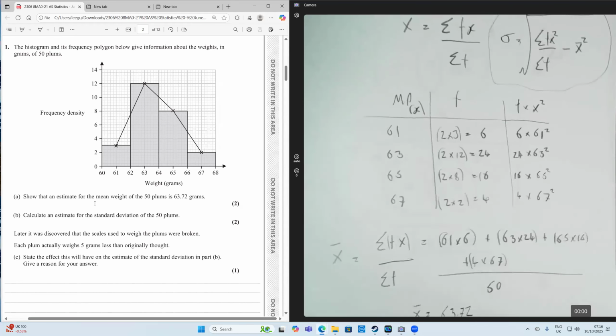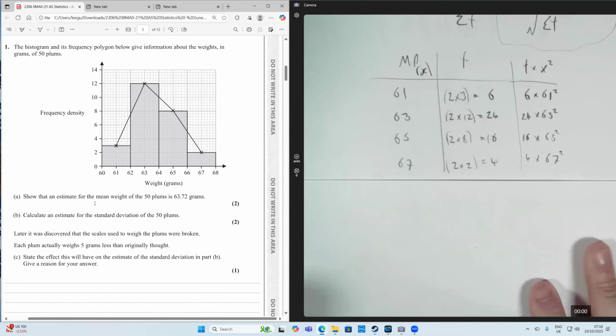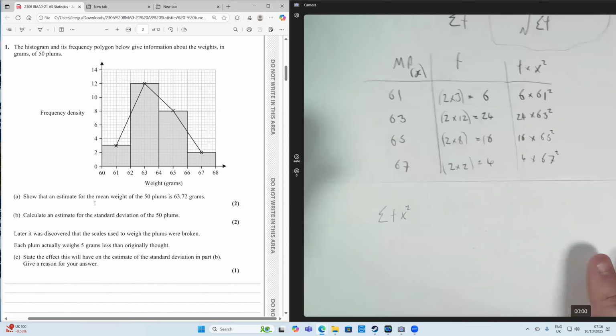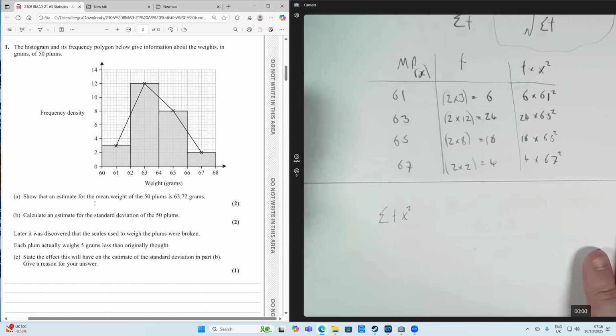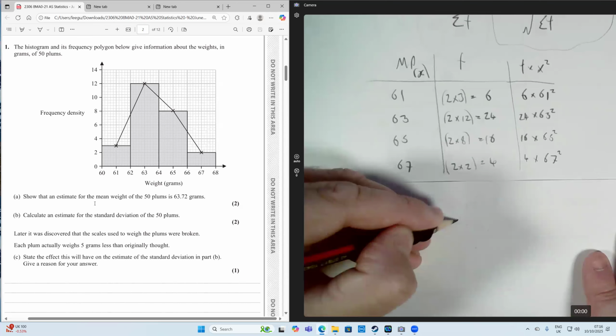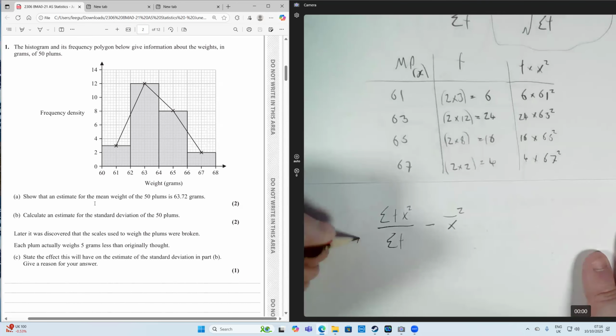So for our sigma fx squared, we're going to add all of those together, okay? And that's going to be over sigma f, minus x bar squared. We're going to be square rooting that whole thing for our standard deviation.